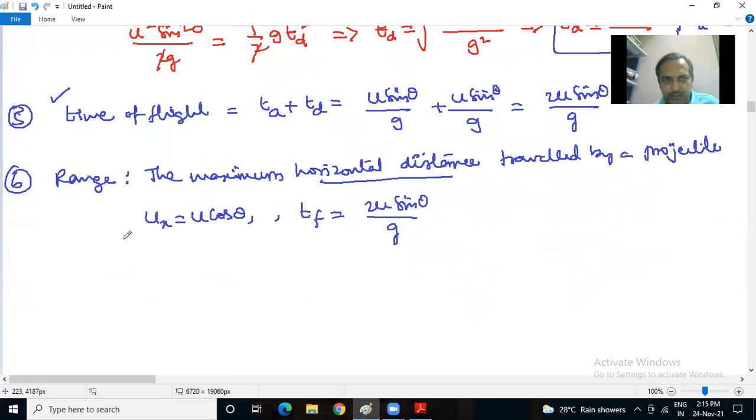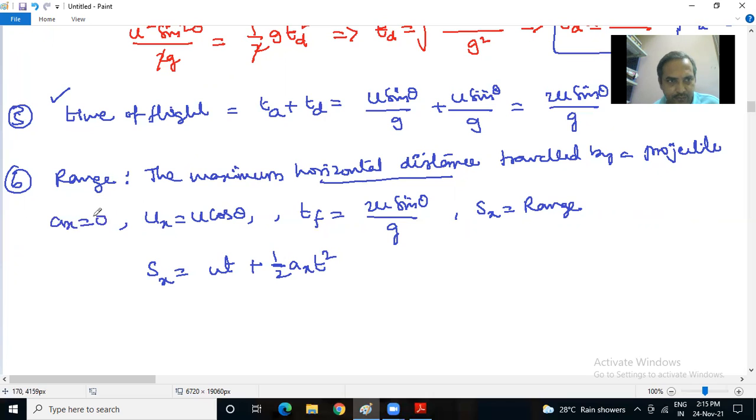Now once again let us make use of Sx. Here you have to assume Sx is equal to range. S equal to ut plus half at square along x-axis. So in horizontal direction, Ax is 0, Sx is the range, is equal to Ux. Ux is U cos theta, and time is the time of flight.